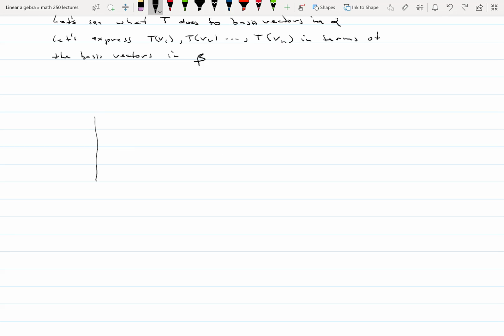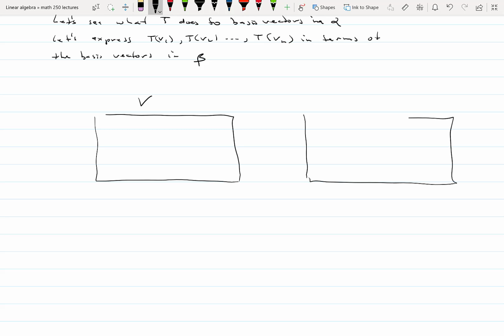Okay. Here's the vector space V. Here's the vector space W. We have a basis V1, V2, all the way up to Vn. We have a basis beta on this completely unrelated vector space W: W1, W2, all the way up to Wm, as in Mary.